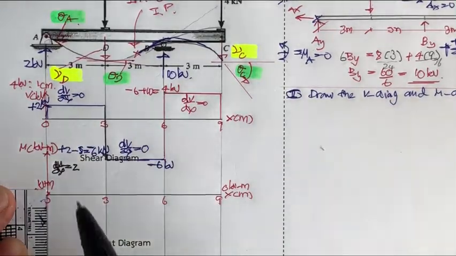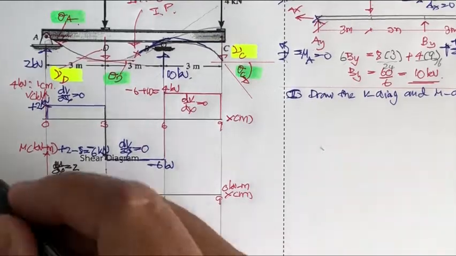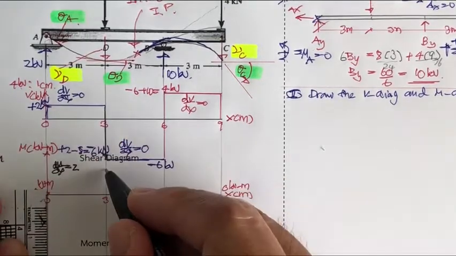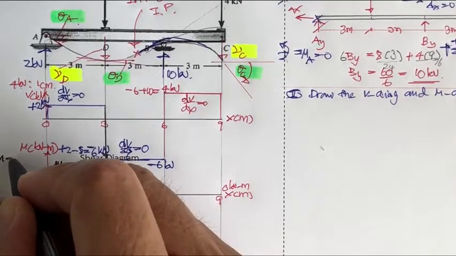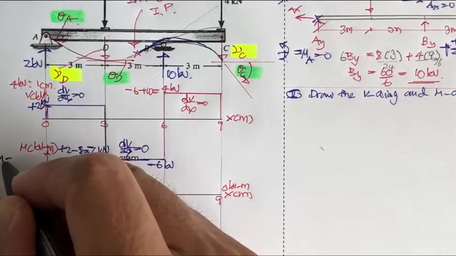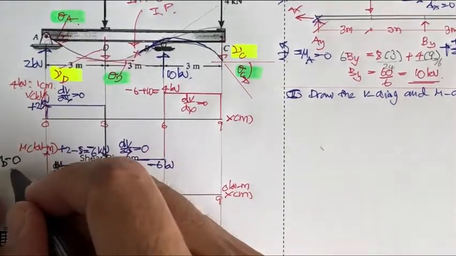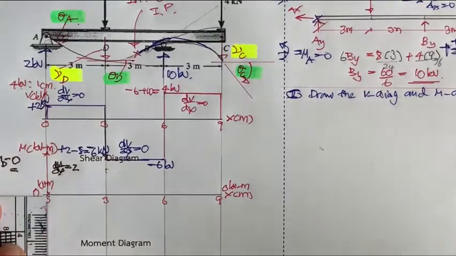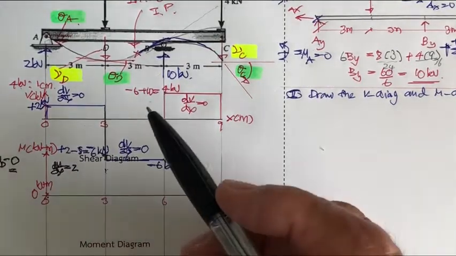Okay, and what's the moment here? We don't know it yet. The moment here is M sub D. Minus here, minus 0, it's going to equal the moment here minus the moment there, which is the area here.